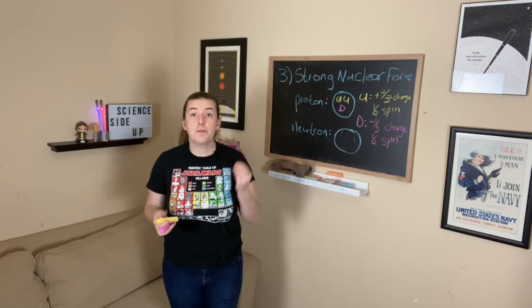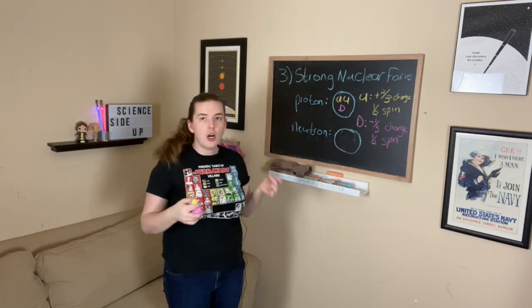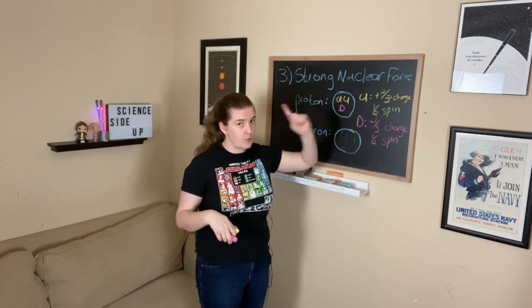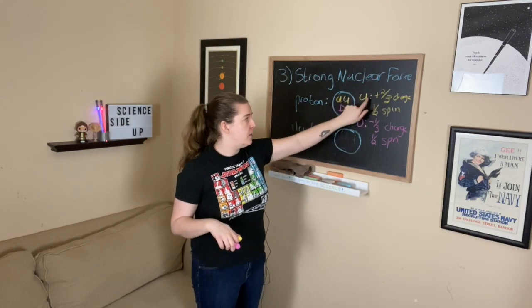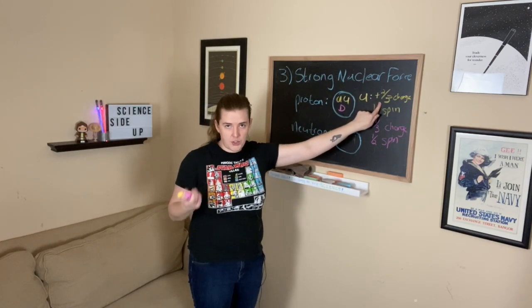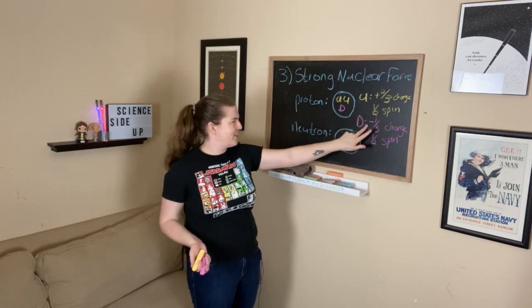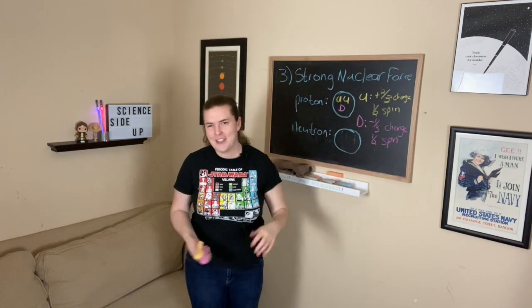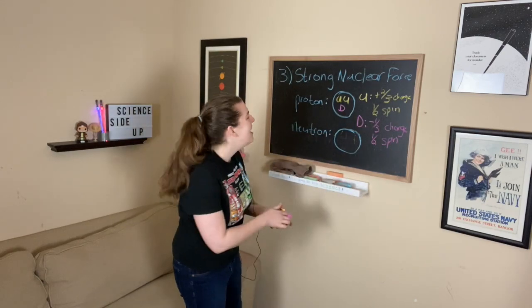So we know that a proton has a charge total of plus 1. And that's nice, because 2/3 plus 2/3 minus 1/3, we'll get a total of 1. Sorry to make you add fractions.